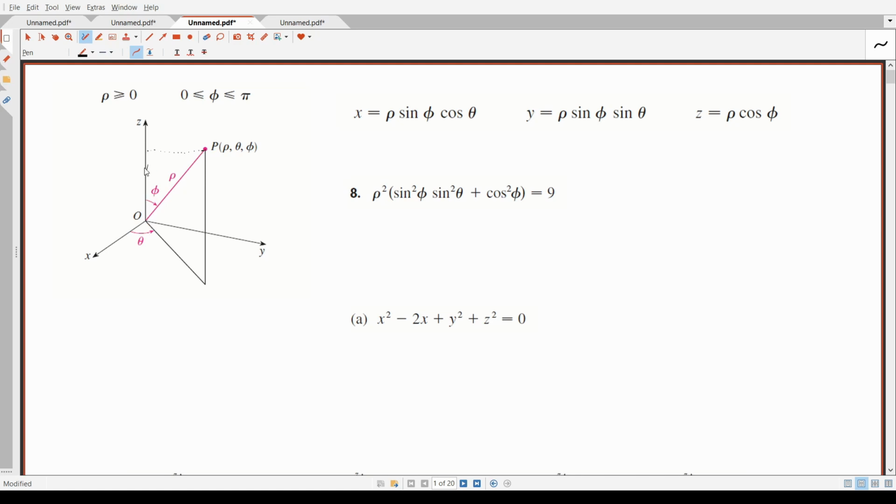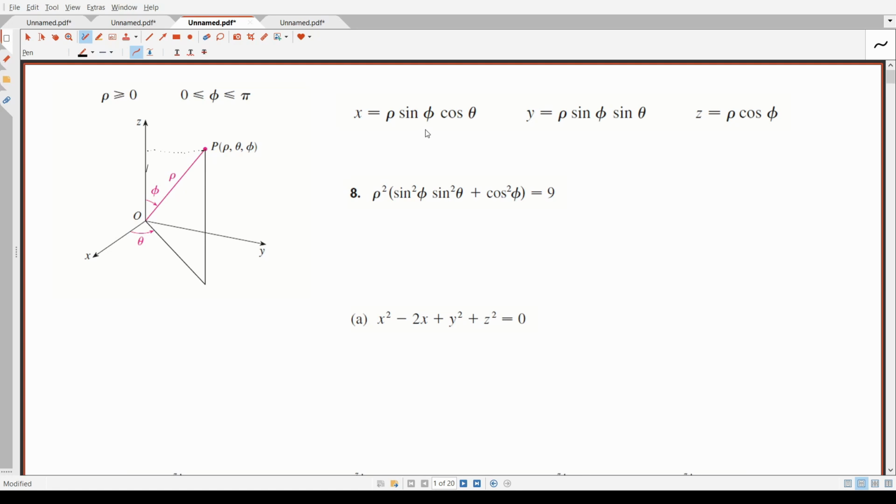That's this distance right here, and that's this angle right here. These other ones are also not hard to see.